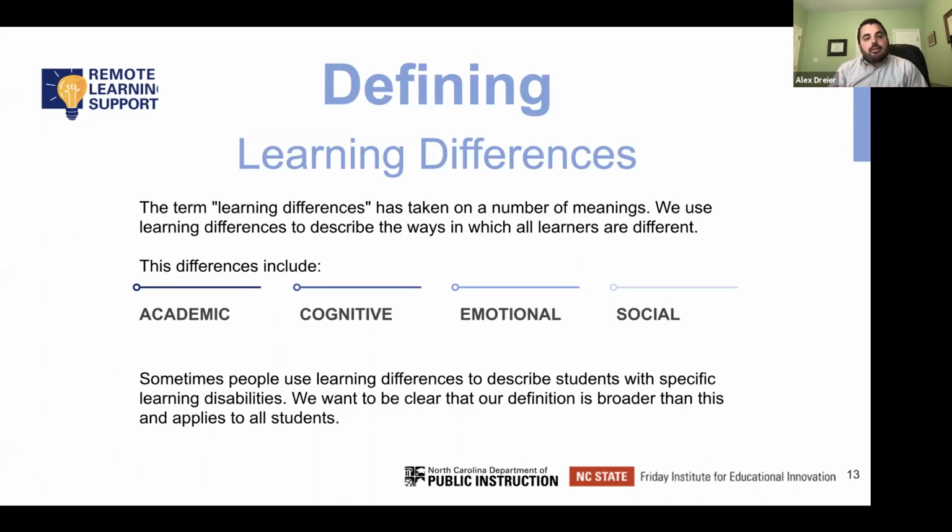These are types of things that I know lots of students, myself included, certainly struggled with in school at times, and I wasn't diagnosed with a specific learning disability. So we want to be clear that it's an encompassing term, because every student varies to some degree in how they learn. How are we able to create a learning context to meet those needs?